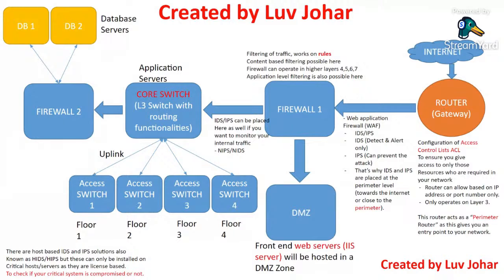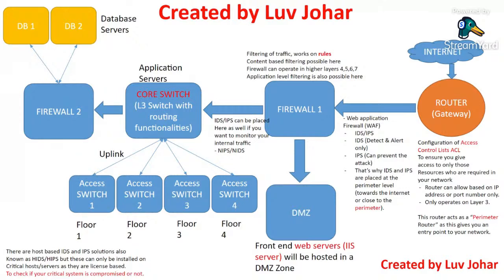That is only the two ways how you can filter traffic based upon a router, because router operates on layer 3, guys. Okay, and this router works on access control list, guys. ACL, you must have heard somebody asking you in an interview or maybe anywhere, what is an ACL?